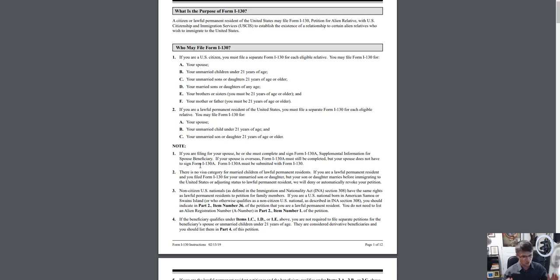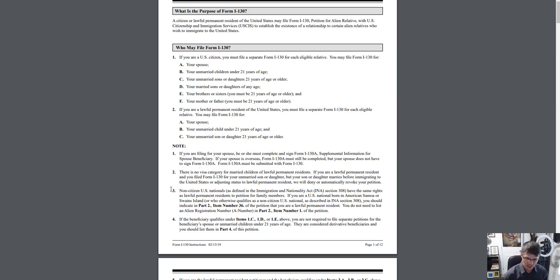You can just do it on their behalf, which is a very nice thing that USCIS did. They kind of allowed that to be done, right? So you can do that on behalf of your spouse if they're not in the United States. Keep in mind though, if it's for the spouse, Form I-130A definitely must be submitted with Form I-130.